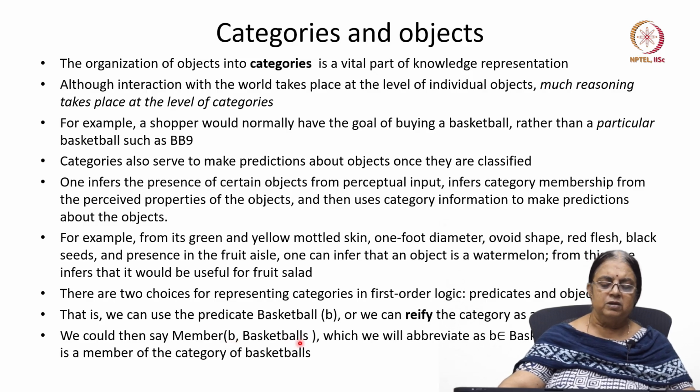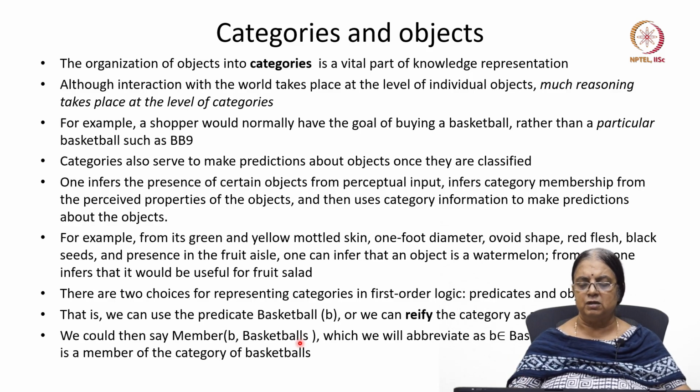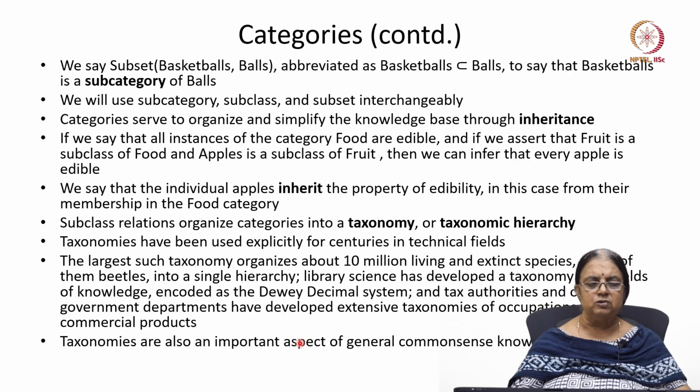So what is basically done in most cases is to say that B belongs to basketballs, which is saying that it's a member of the category basketballs. So B belongs to basketball is what is used over here.